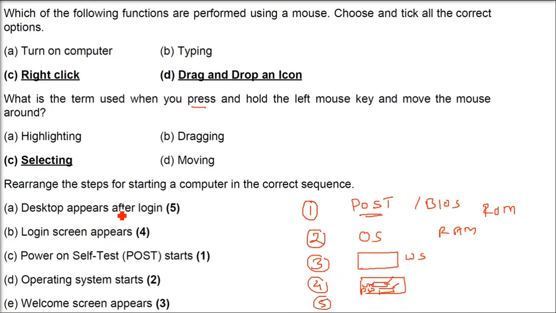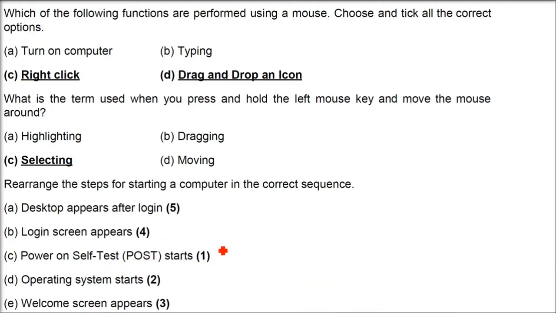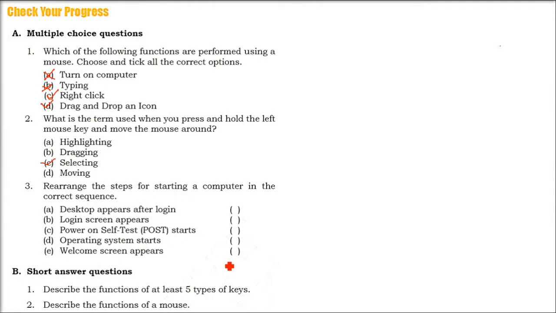And finally, the desktop appears after login. Finally, your desktop where you can start working will be shown here. After login, you will be getting your desktop ready to work. So this is the way: first, second, third, this is fourth, and this is fifth. This is the rearrangement.